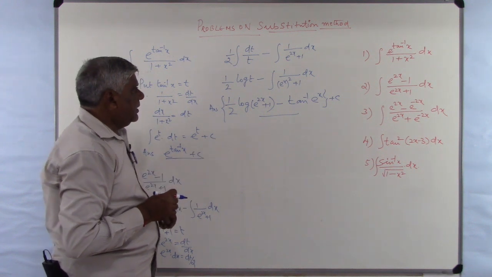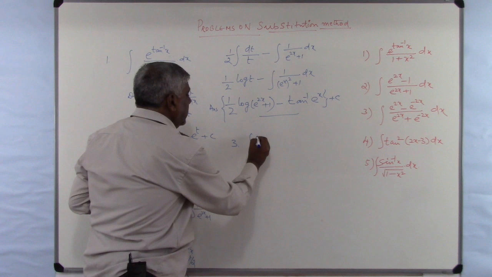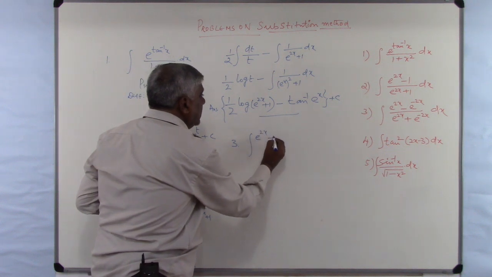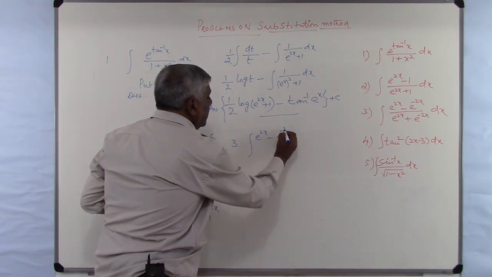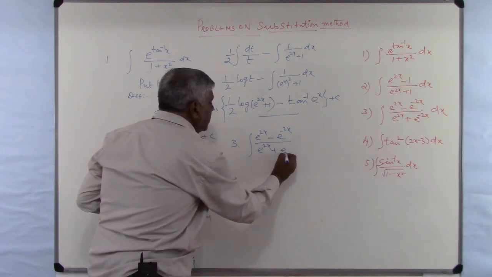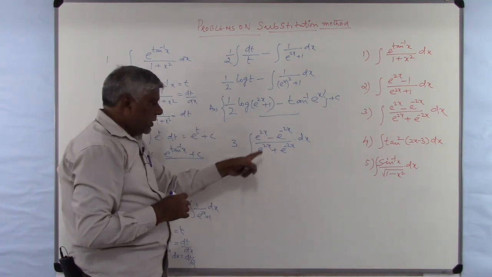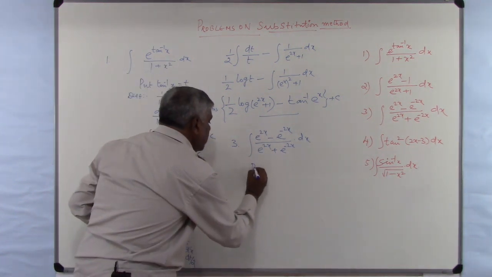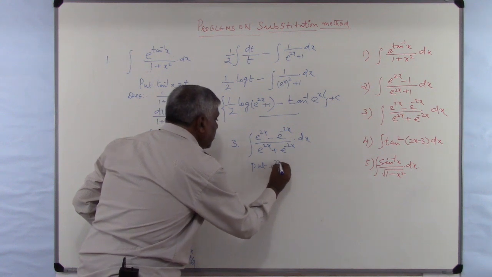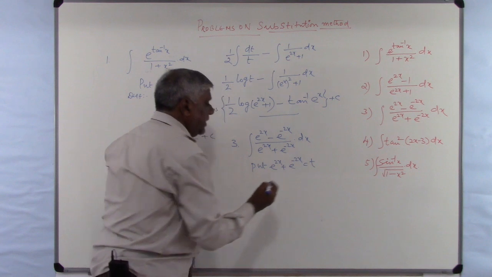Next, the third problem. Integral of e to the power of 2x minus e to the power of minus 2x divided by e to the power of 2x plus e to the power of minus 2x dx. Now, this is very easy. Put e to the power of 2x plus e to the power of minus 2x is equal to t.